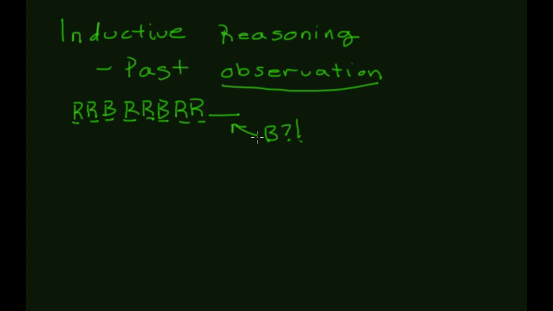Now, let's talk about what's going on here. You've made a conclusion based on past observations. Now, the problem here is that there's a high probability that you're right.